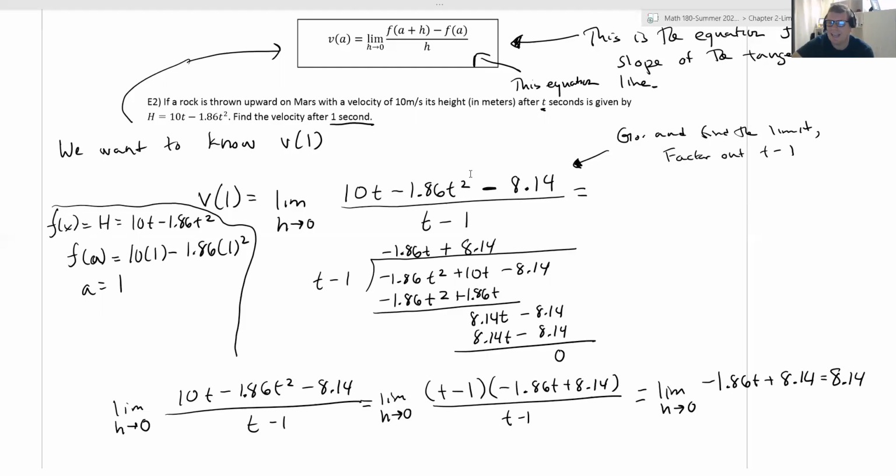But one thing to get about this: this is a polynomial, 10t minus 1.86 t squared minus 8.14, right? So if we're taking a derivative of a polynomial, this should factor out. We should be able to do some kind of synthetic division or factoring in order to simplify this limit, to eliminate the t minus 1 from the bottom.